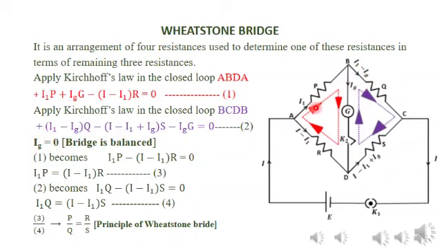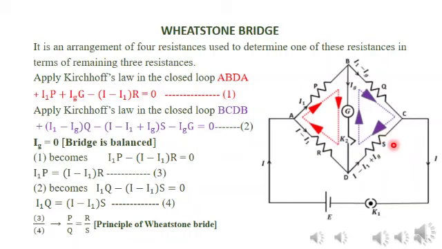And since I1 minus Ig flows through resistance Q, the product is I1 minus Ig into Q. Continuing our motion in the clockwise direction, the next resistance is resistance S.